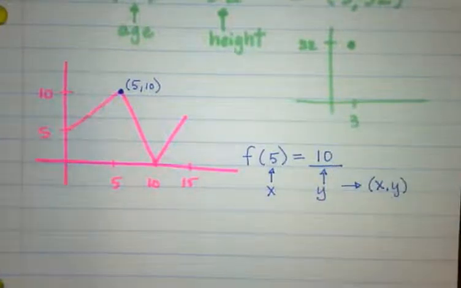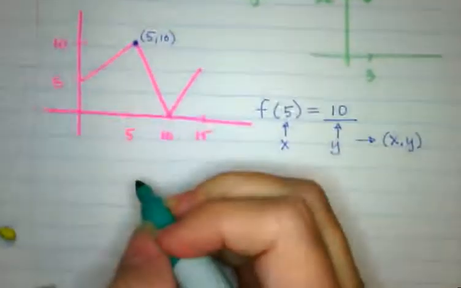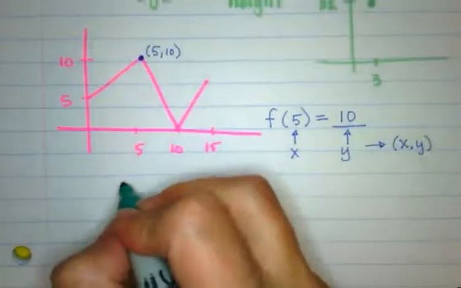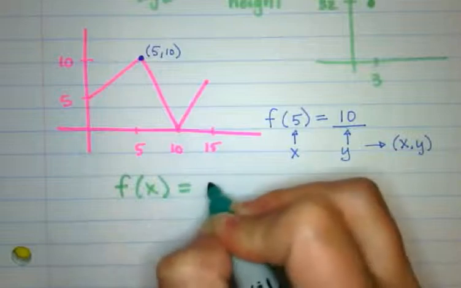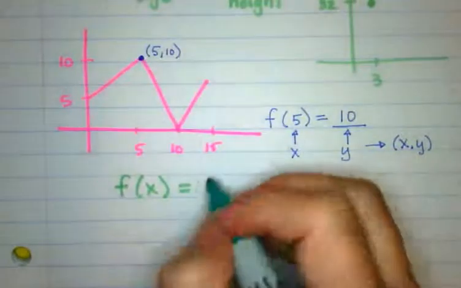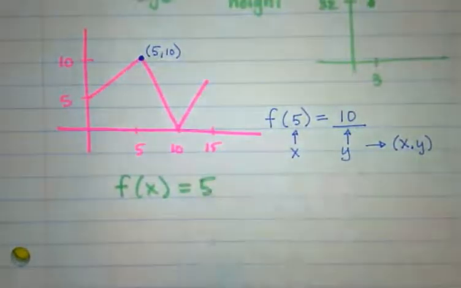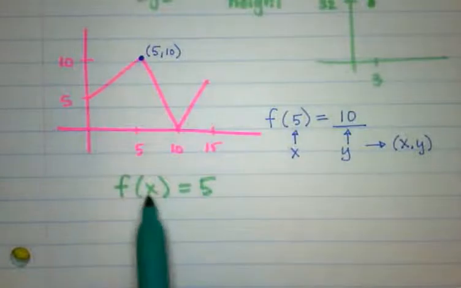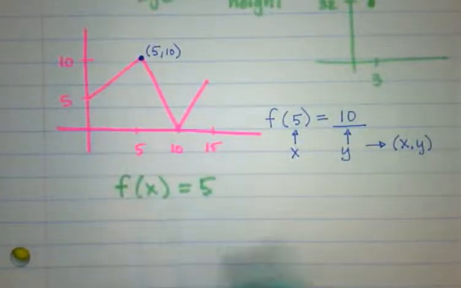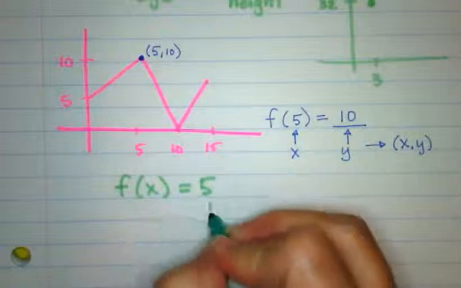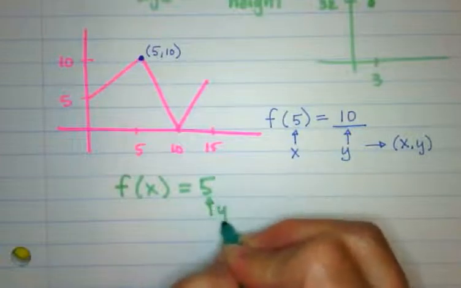All right, another example might be maybe I was asked to find f of x equals, we'll say 5. All right, so I'm asked where on this graph does, because remember that's the x, this right here is the y.